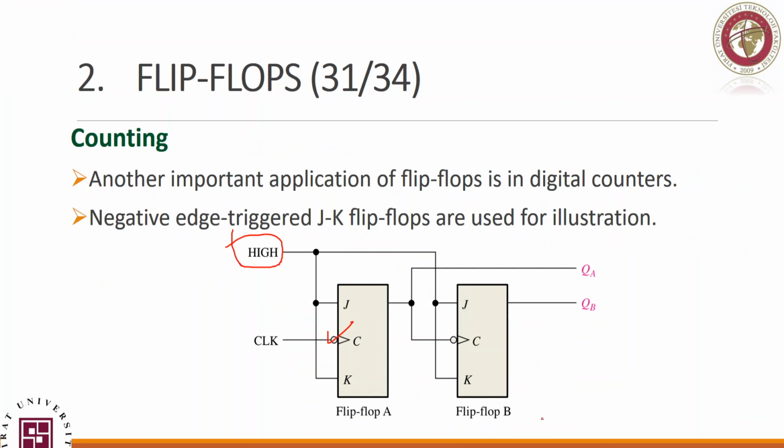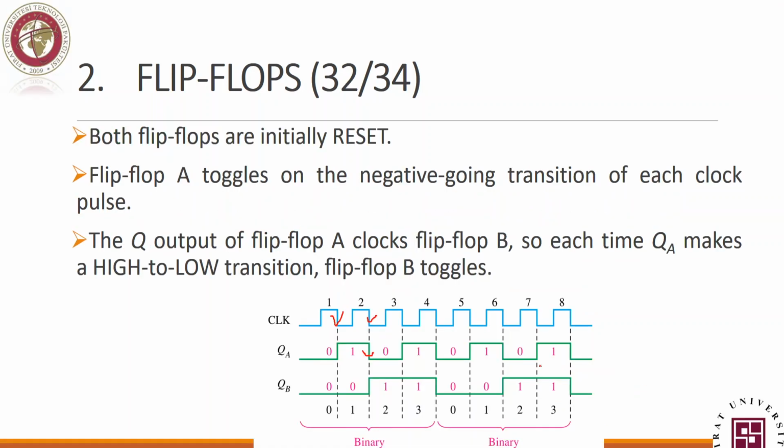That means 4 decimal numbers, which is actually 2 to the power 2. Why? We have 2 flip-flops, so 2 to the power n, and here 2 stages. That means you can count up to 4 in decimal. So 00, 01, 10, 11.